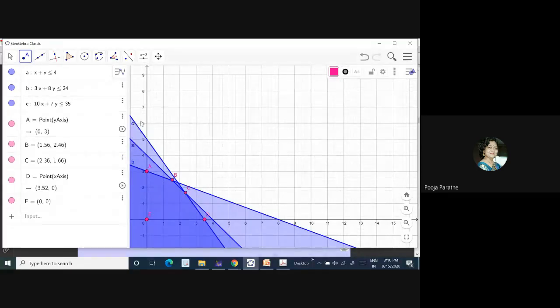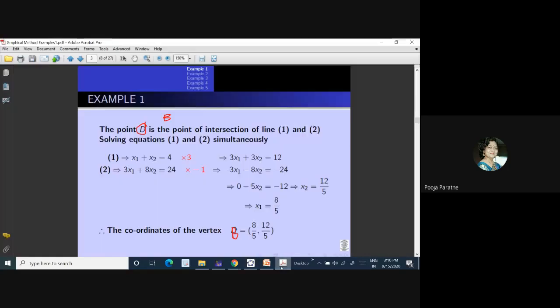We considered these 2 equations and solved them simultaneously to get the coordinates of point C. So now we have all the coordinates of A, B, C, D and E. Okay. So let us go to the next part. Now we collect all these points and we will make a table.